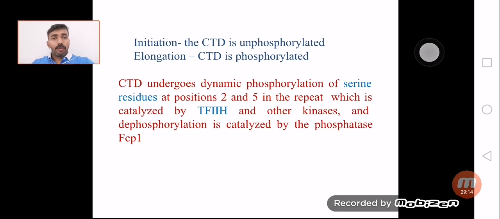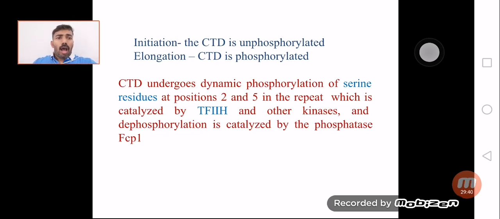Whereas after initiation, for the elongation process, you need to phosphorylate these CTD sequences. So the CTD domain is important because the phosphorylation and dephosphorylation controls initiation and elongation events, right?